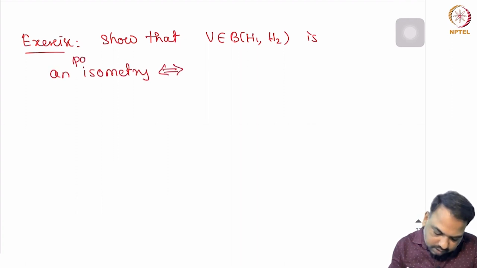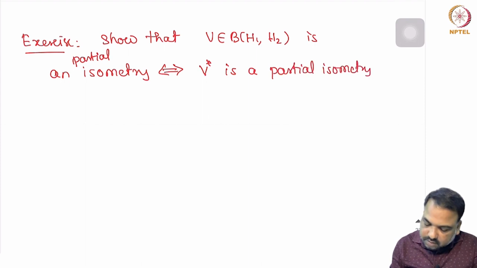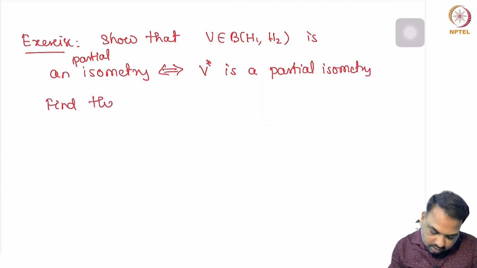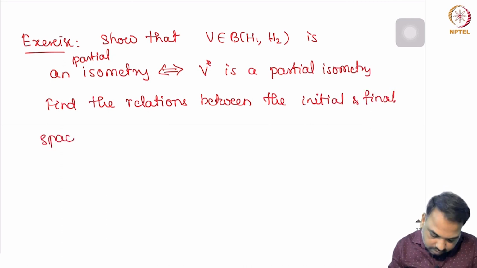V in B(H1, H2) is a partial isometry if and only if V star is also a partial isometry. So find the relation between the initial and final spaces of V and V star.